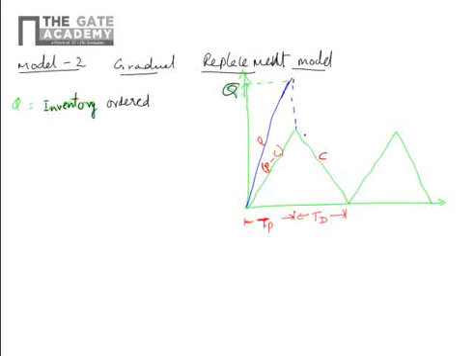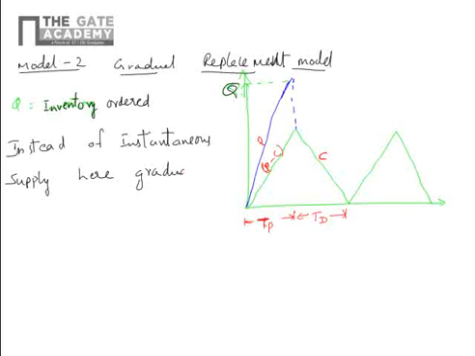Instantaneous supply or delivery is not possible here. The remaining assumptions are the same. Only instead of instantaneous supply, gradual supply takes place.